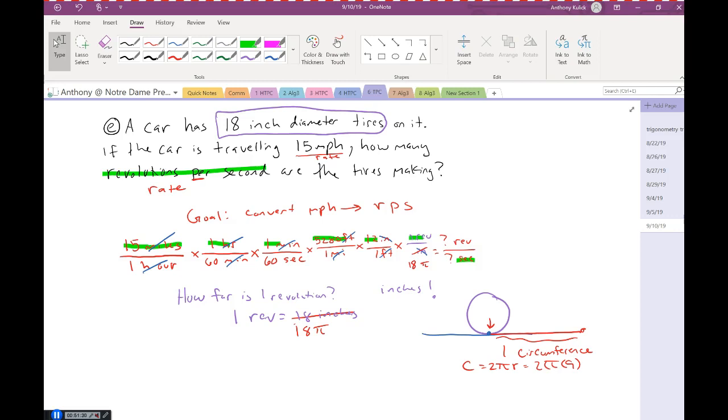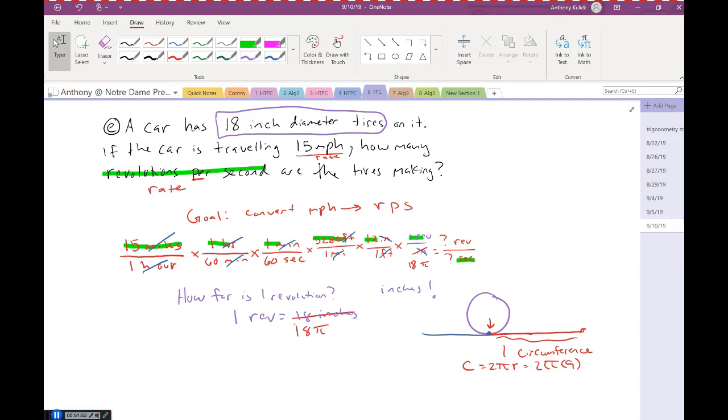So our answer that we're looking for is a rate. So it stands to reason that the rate that we were given in the beginning, miles per hour, I need to convert to revolutions per second. Okay, with that as the general plan, I'm going to convert one rate to the other rate.